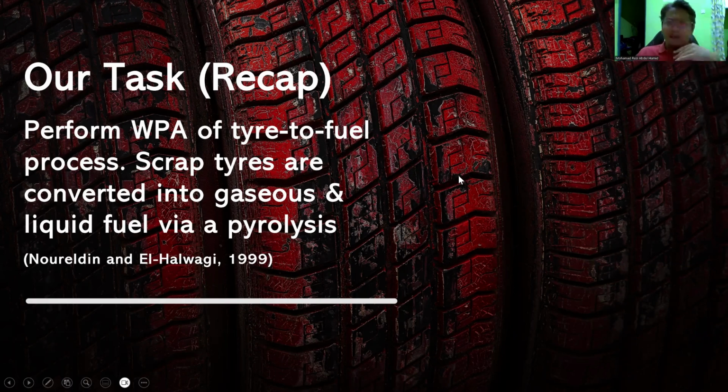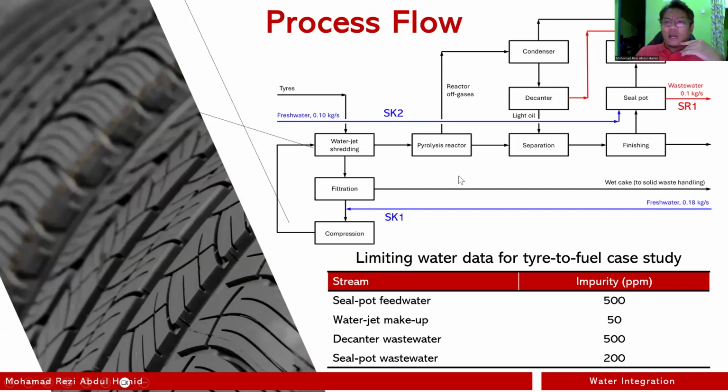All right. Anyway, this is still a recap. This is our process flow, the original one, where in the last couple of weeks we identified our sources and our sinks. We identified two sources and two sinks. So we have SK1 here, and then SK2.